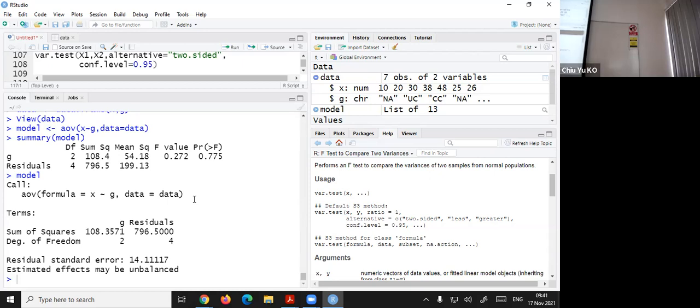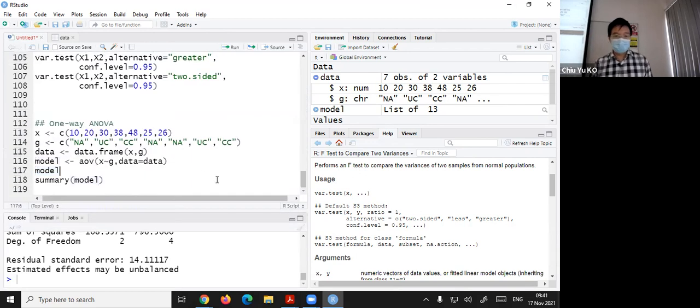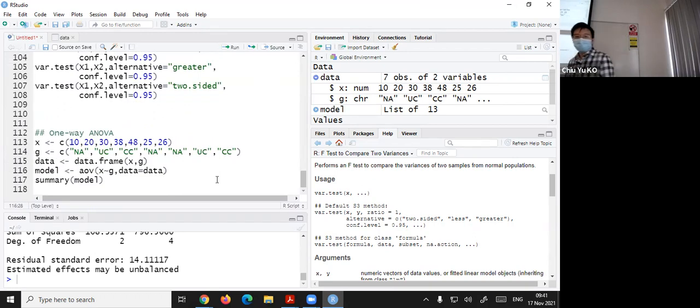So we cannot reject this. So this is how you do a one-way Anova. Now, let's do two-way Anova. Is there any question? I mean, just stop a little bit. I think just these 4 lines are sufficient.